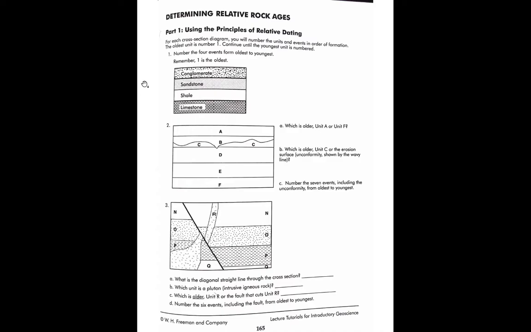Then there's the principle of superposition, which is simply arguing that the layer on the bottom is older than the one above it. Or another way to think about it is, as you dig down, you're going back in time. I go into this in more detail in that lecture.